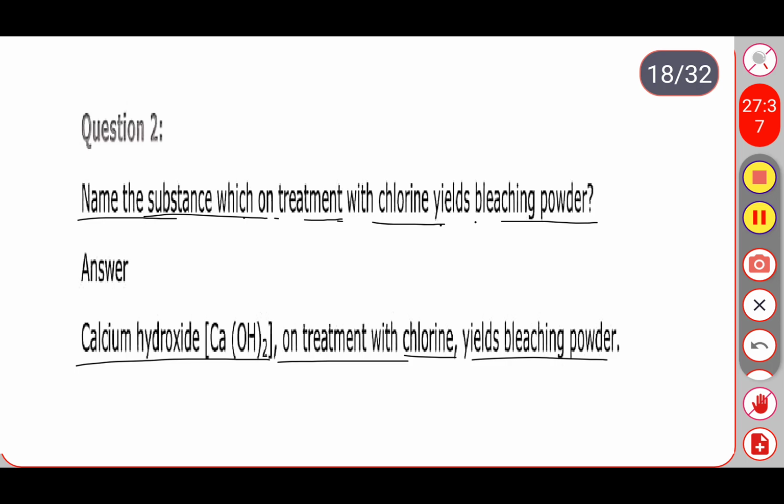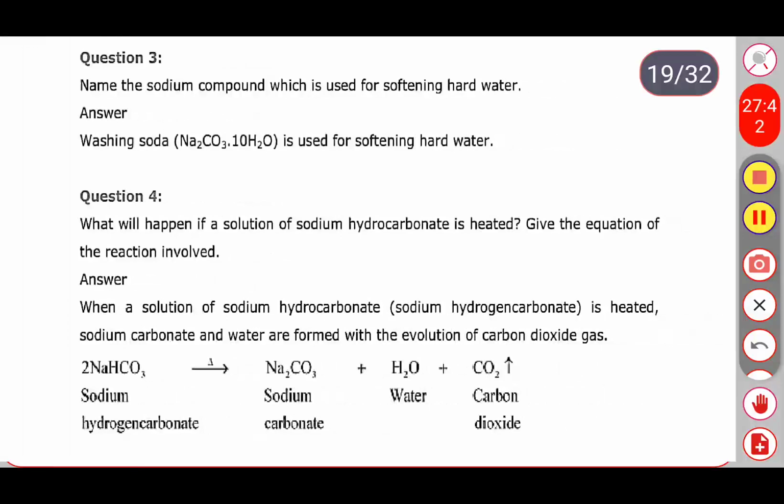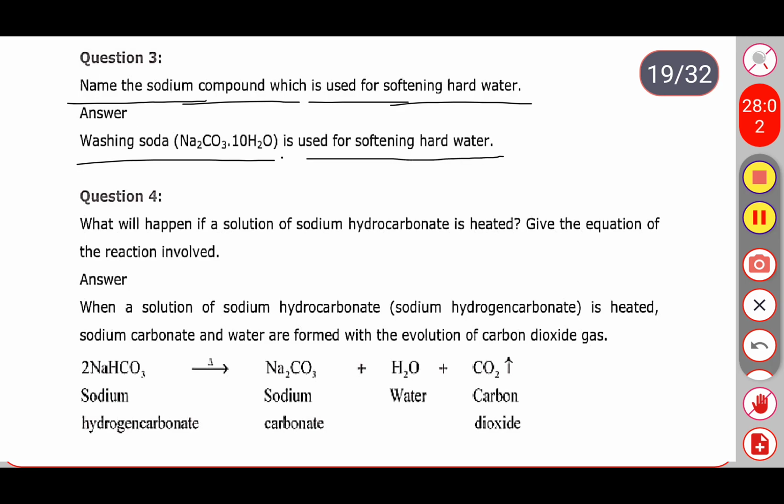Name the sodium compound which is used for softening hard water. Washing soda is used for softening hard water. The chemical formula of washing soda is Na2CO3.10H2O.